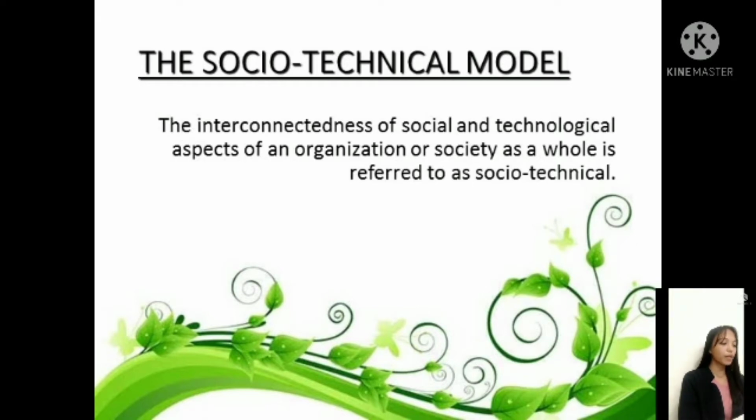The primary premise of this paradigm is that technical and task components are inextricable from the human and social aspects in any organizational system.